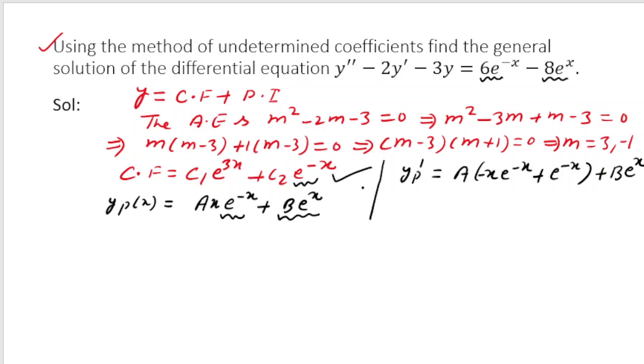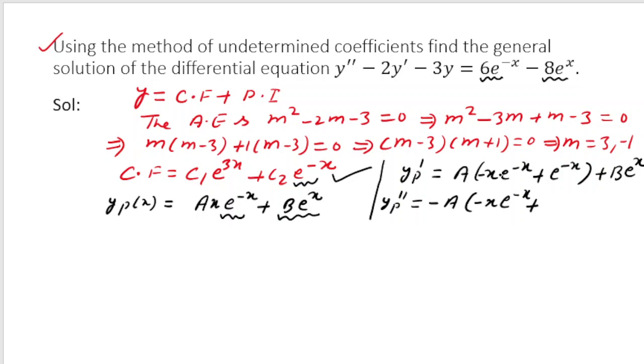Now I need to find yp double dash. The first term is minus a x e to the power minus x, so I can take minus a, and again we have to differentiate this. x is the first function. The derivative of e to the power minus x is minus e to the power minus x, so I took minus here.